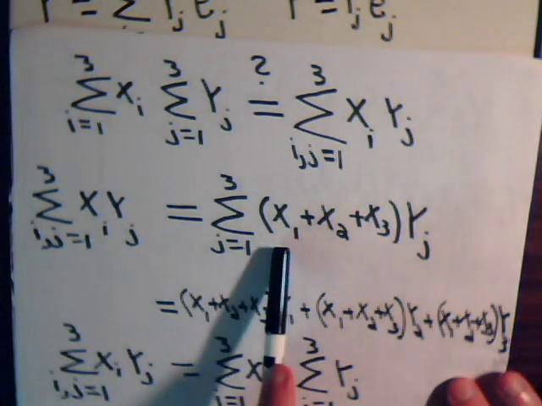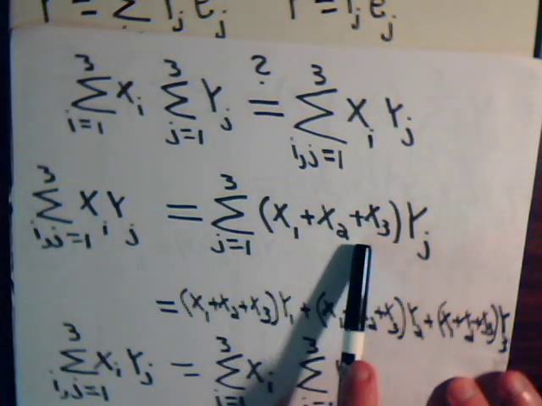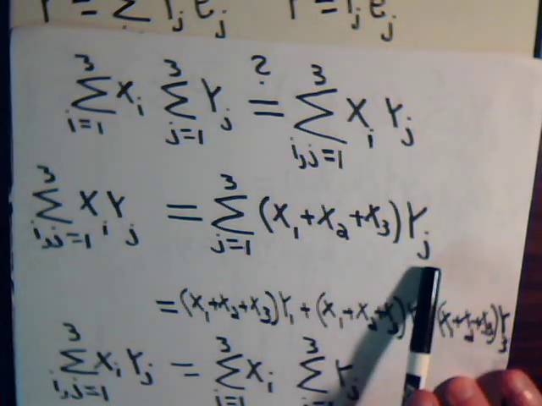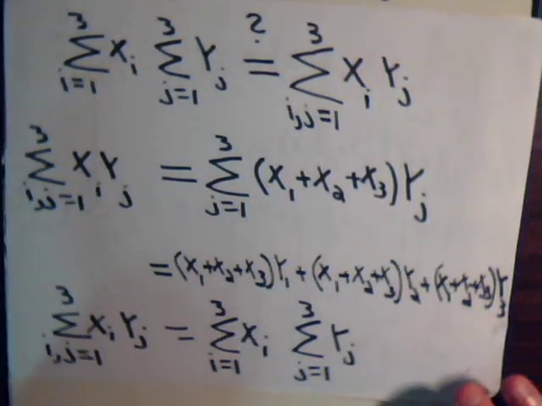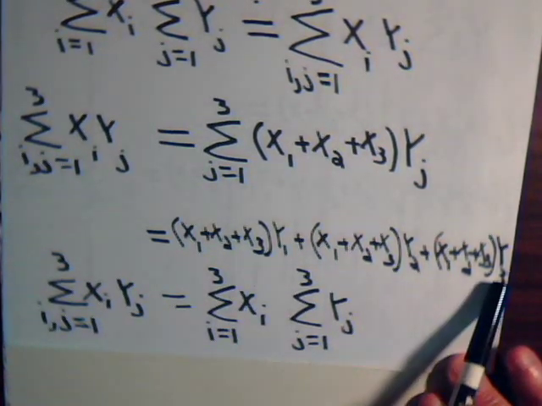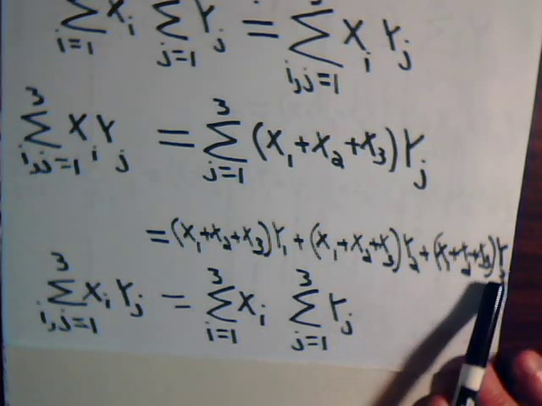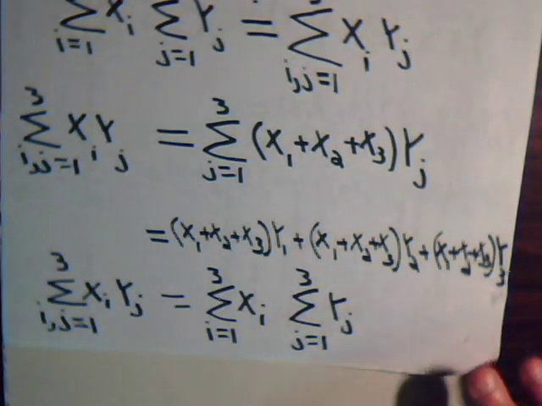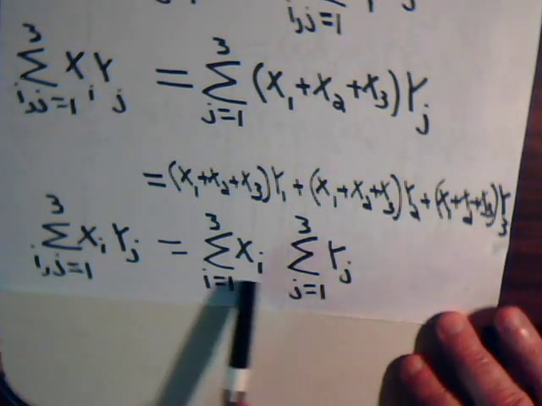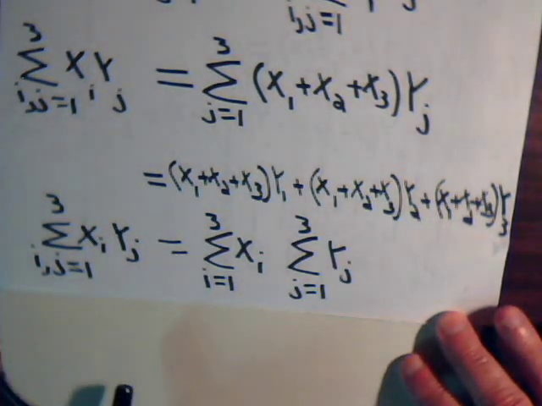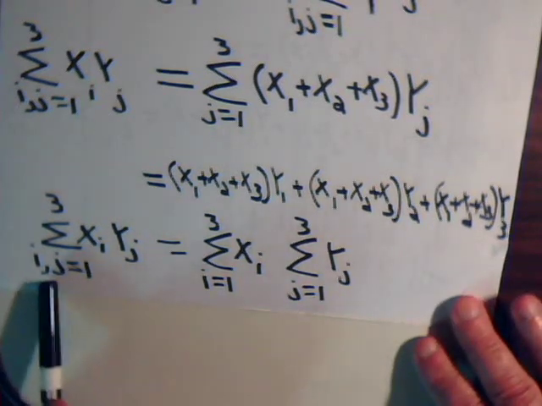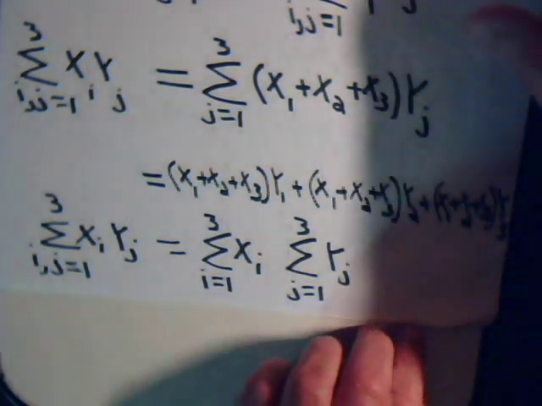That will give us x1 plus x2 plus x3 times yj. And now j goes from 1 to 3. So that gives us, here's j1, there's j2, there's j3, which is exactly what we had on the previous page. So multiplications like this can also be considered under a single summation sign over a double index.